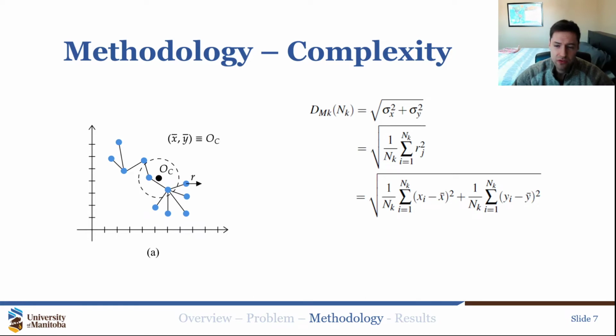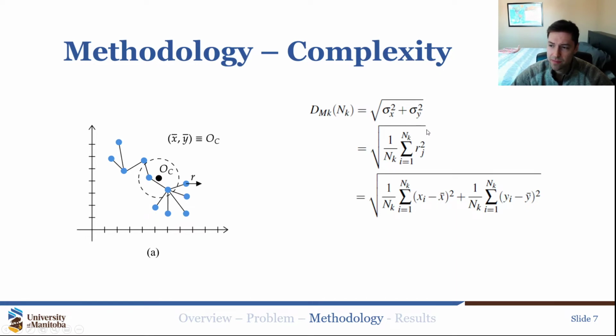So to go more into it, the center of mass of a topology you can calculate as the average of the x's and the y's in all different dimensions. And then, as I said in the previous slide, the mass radius fractal dimension is this relationship of taking the standard deviation in the x and y.